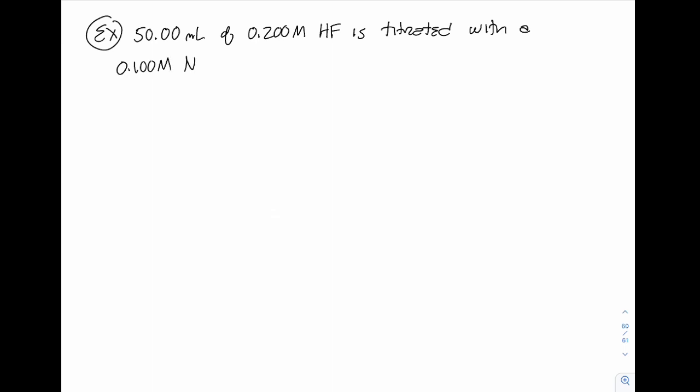So our first example, we're going to have 50 milliliters, so 50.00 of a 0.200 molar hydrofluoric acid solution, and it's titrated with a 0.100 molar sodium hydroxide solution.